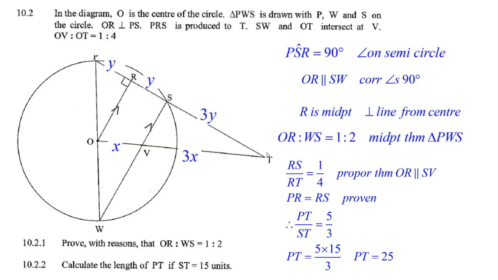We know that PT all the way must be 5 over ST over 3. Well, hey, we've got PT over ST equals 5 over 3, and ST is 15. All we do is go 5 times 15 divided by 3. PT must be 25. That looks right to me.